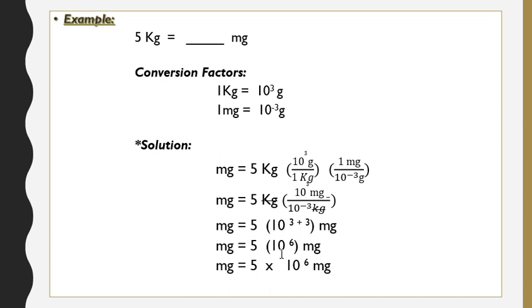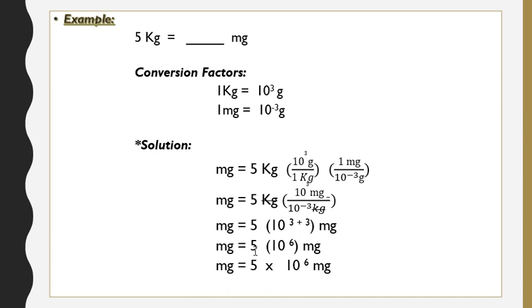Now this 10 will become 10 to the power of 6 because we added the exponent from the numerator with the exponent from the denominator. Again, it became positive 3 because we subtracted negative 3 from 3, and then it becomes 3 plus 3. And so that will be 10 to the power of 6, then copy the units, milligram.